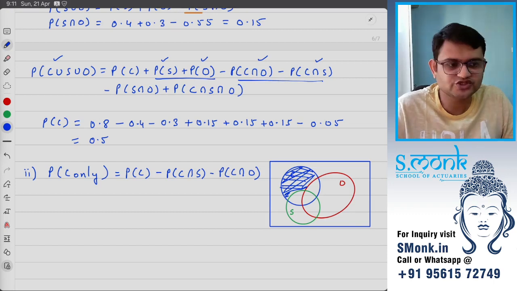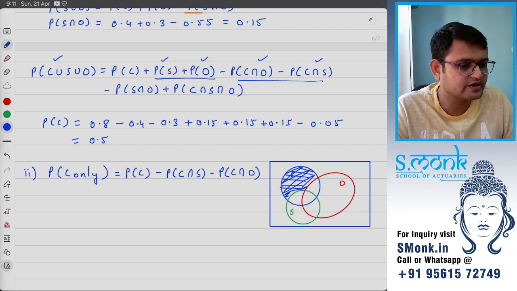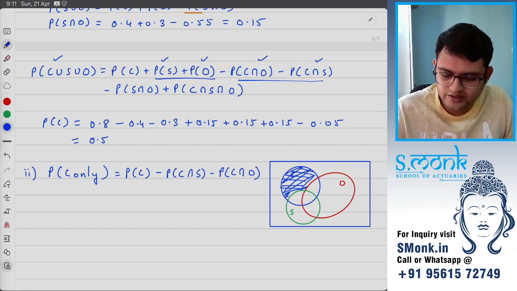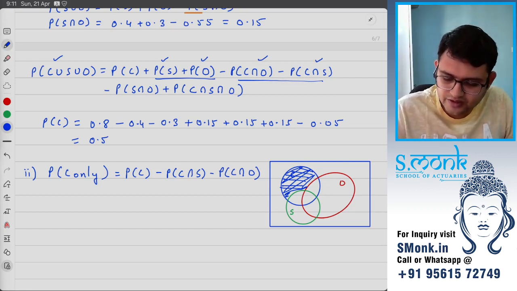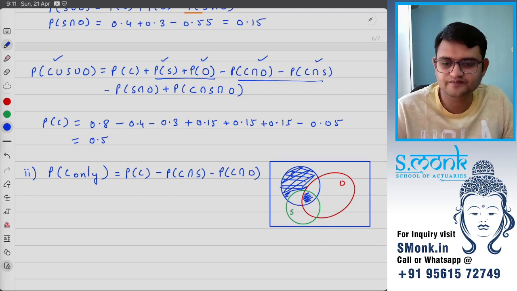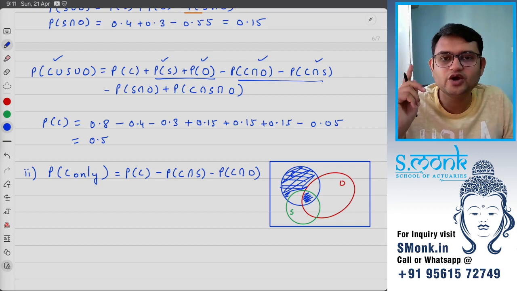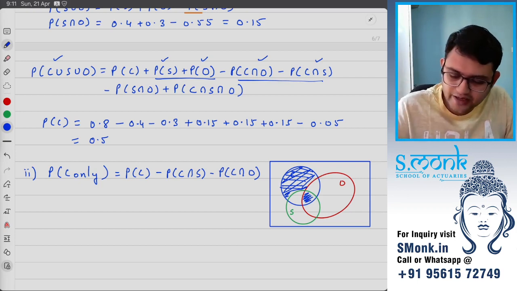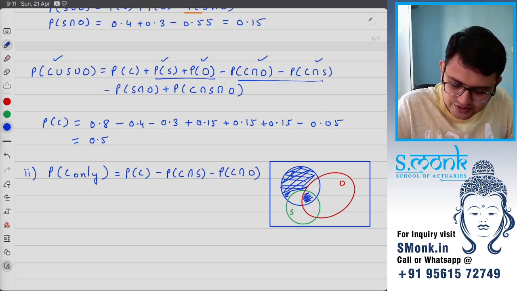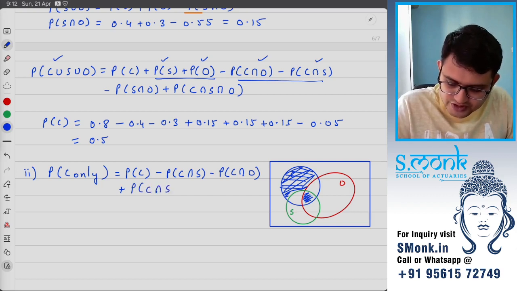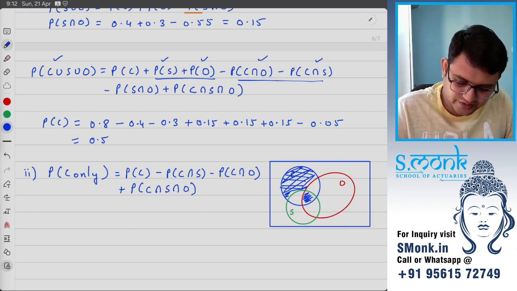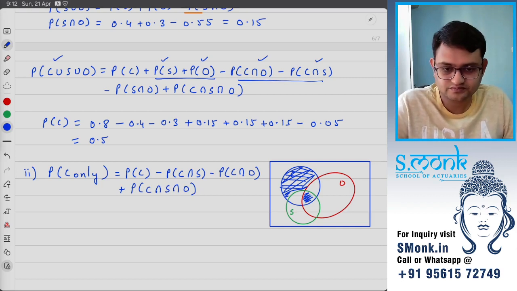So from chips, if I subtract the intersections, I am going to get this region, but this part, the triple intersection, has been subtracted 2 times. So I'll have to add it once: plus chips intersection salad intersection onion ring. Any problem here?